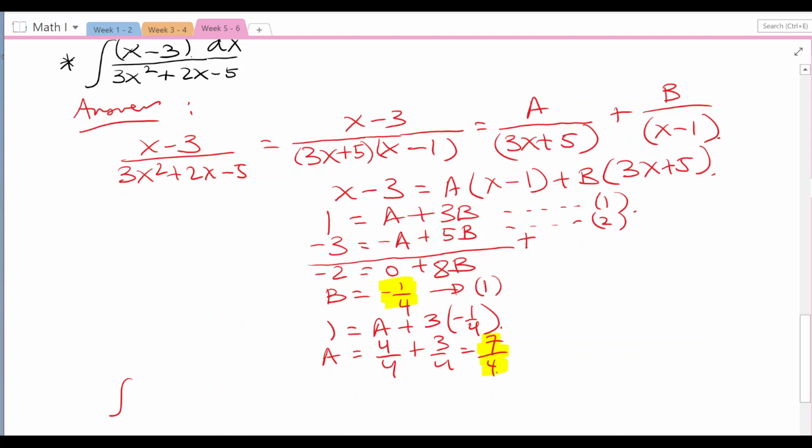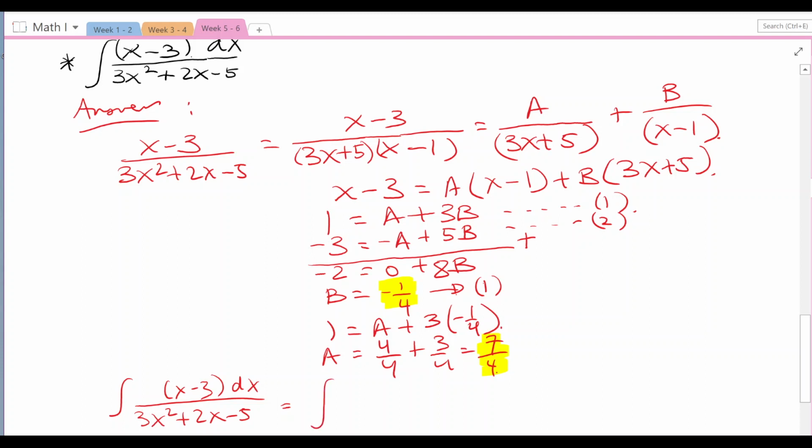Integral of x minus 3 dx over 3x squared plus 2x minus 5 equals, sorry, a is 7/4.